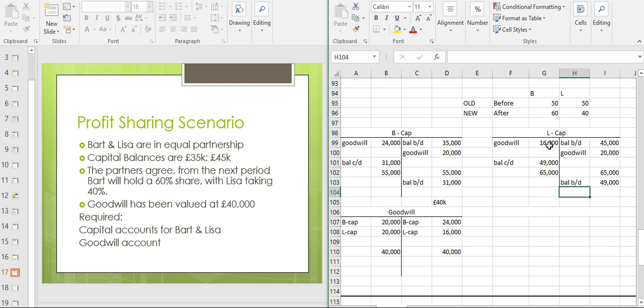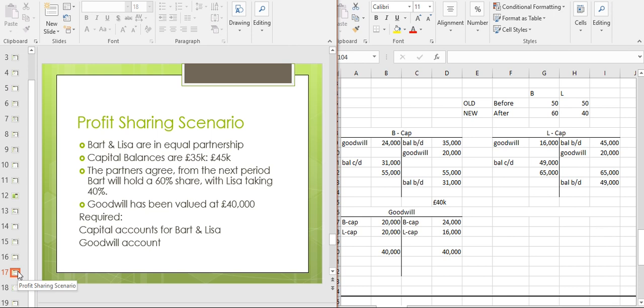Lisa has lost 10%, but she has gained 4,000 in capital. That is the nature of business. If you're going to give up a share of a part in your company, then you are effectively selling up your part and you get extra capital. So that is a question on the profit sharing ratio, and I hope that makes sense.